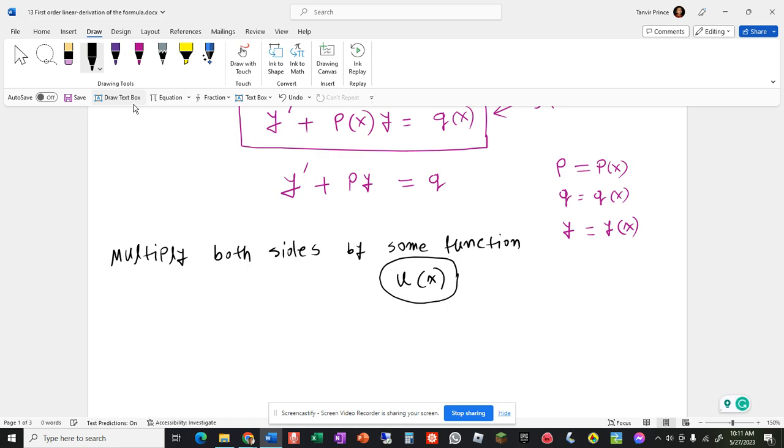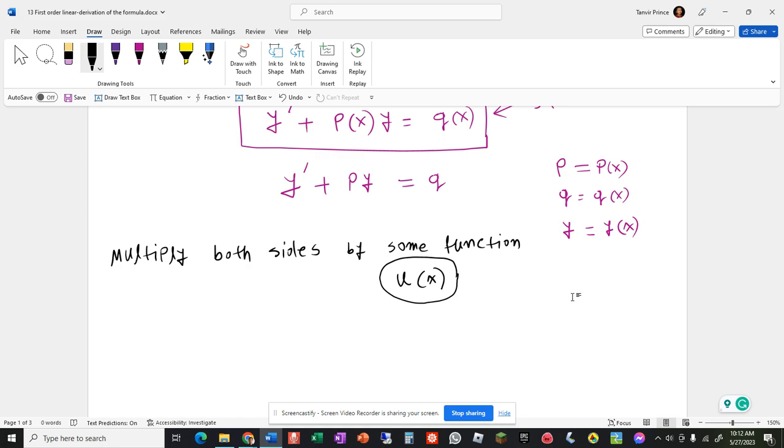We need to choose a very specific u of x, which will do a very particular job, and I'll explain what that job is. I want to figure out a very special u of x, which will make our life even easier. Okay, first let's multiply both sides by u of x.